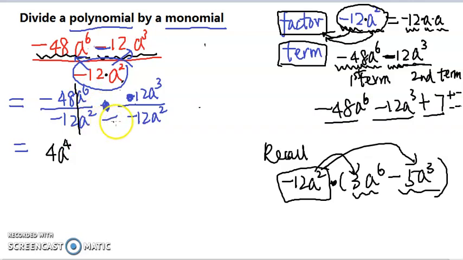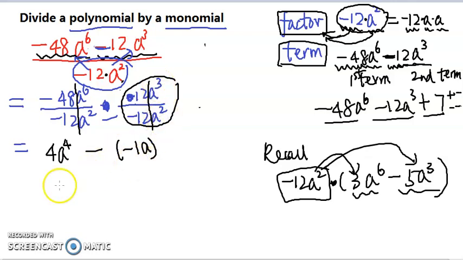And then there's another minus sign. We keep it. And we'll divide these two. We also do the same thing. We divide 12 by negative 12. That's a negative 1. And a cubed divided by a squared, we get an a. Because 3 minus 2 is 1.